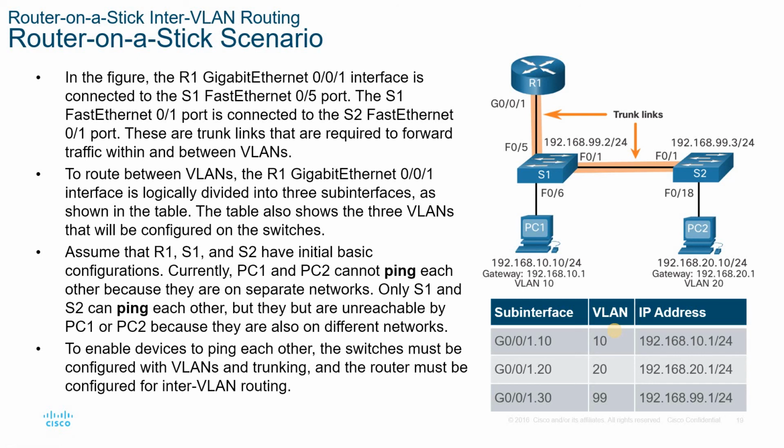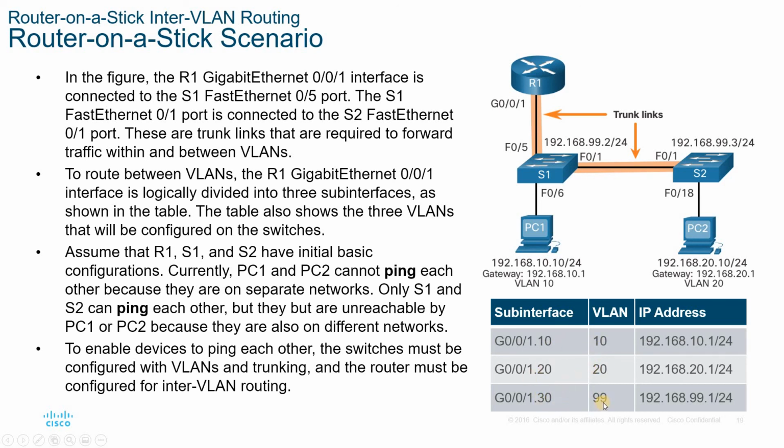Alright? Ganun lang siya kasimple. But then again, you can use other subinterface numbers to support that VLAN. Pero, what Cisco suggests is you just use the VLAN ID, para lang hindi siya nakakalito. So, .10 for VLAN 10, .20 for VLAN 20.